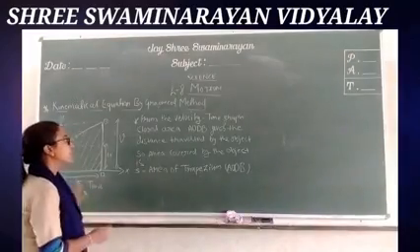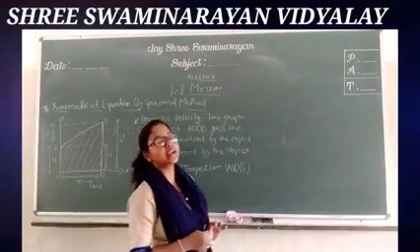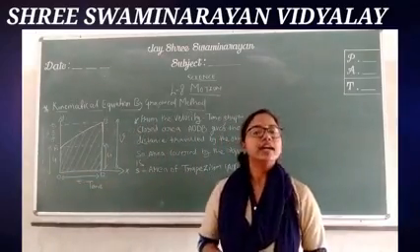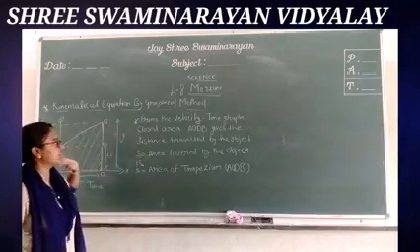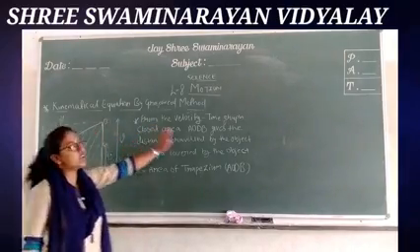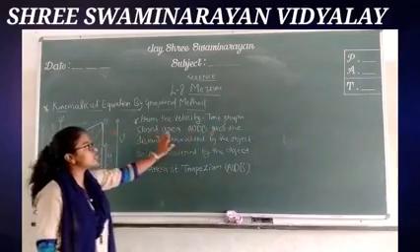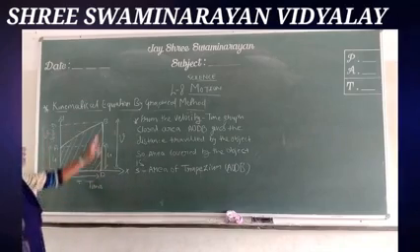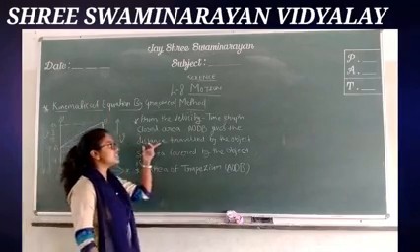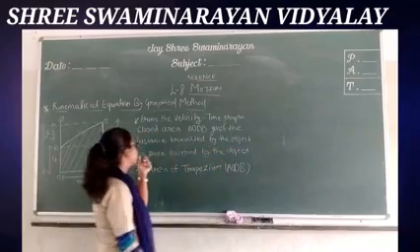So now, students, we are going to derive the second kinematic equation with the help of the graphical method. So let's start. Here we have the graph. Now from the velocity time graph, the closed area AODB gives the distance travelled by the object.